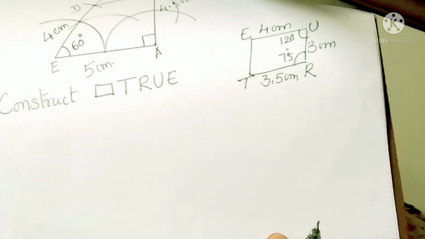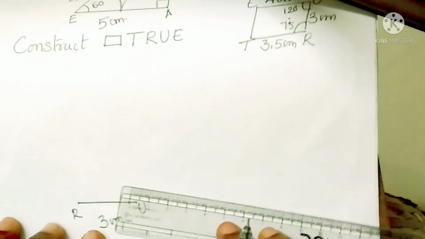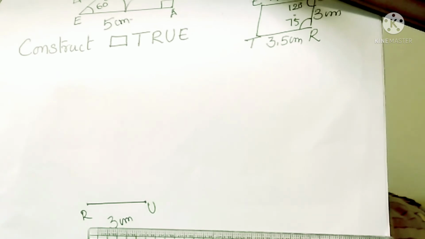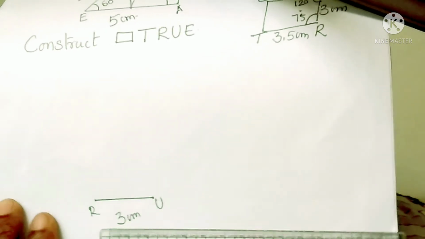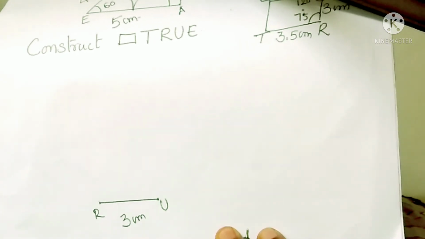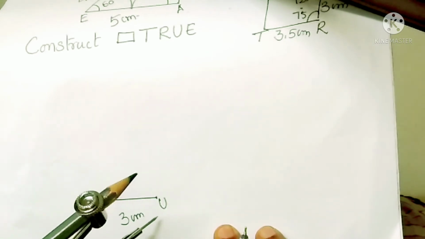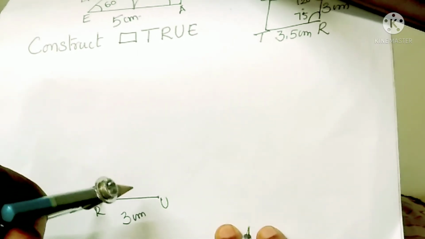Now on R you need to make, so what did we do? Okay, first of all, draw RU 3 centimeter. After drawing the side, we need to make, why did we draw RU first? Because it has got both the angles, so it is easy for us.